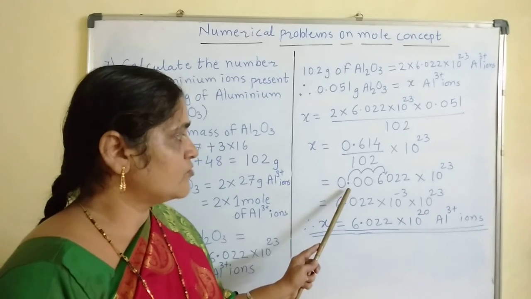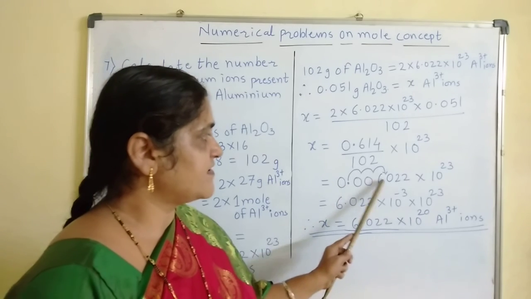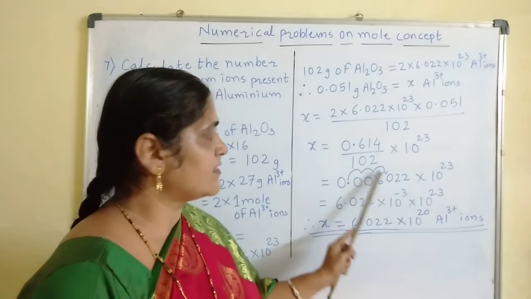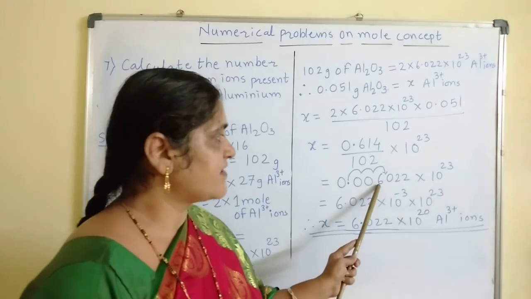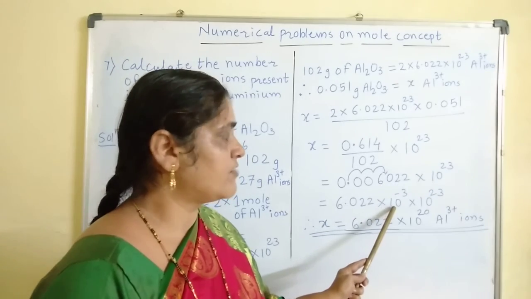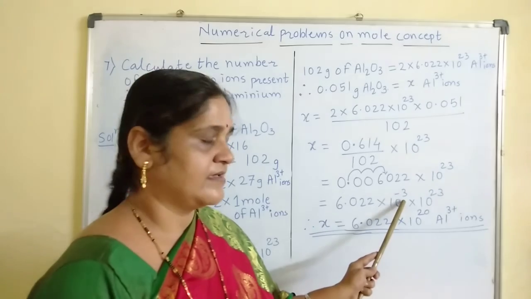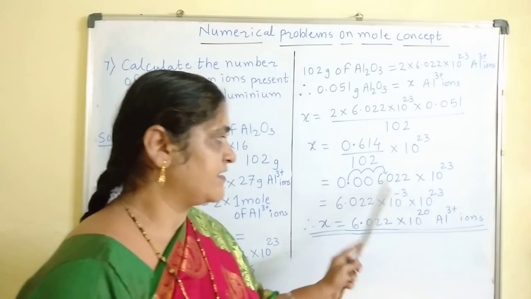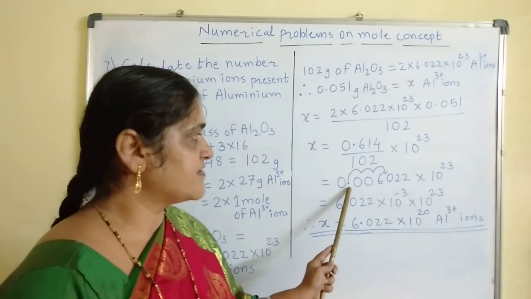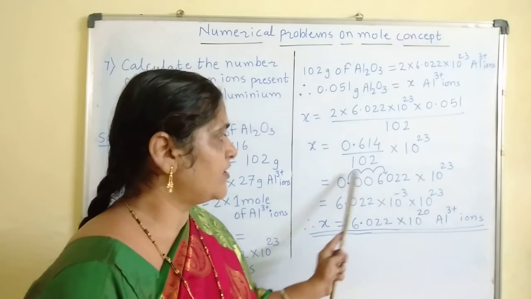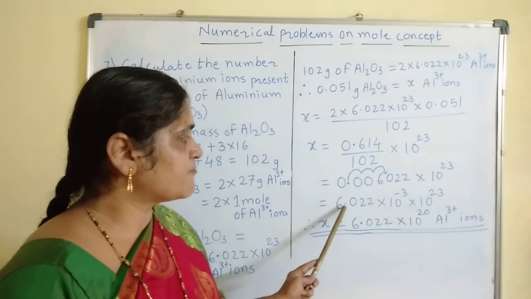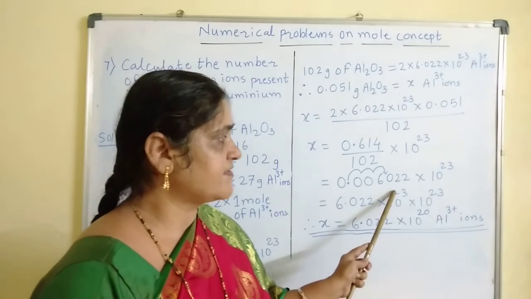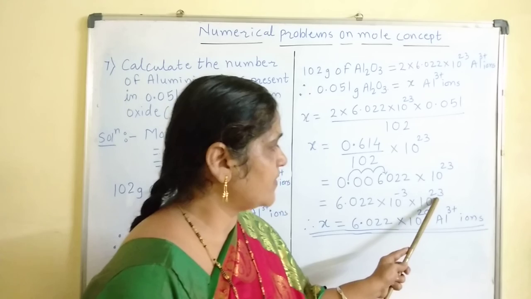Now I am going to shift this decimal point after 6. So I am moving 1, 2 and 3 places to the right hand side. When I move 3 places to the right hand side, I have to write 10 raised to minus 3, because I am moving the decimal point 3 places. So our answer now becomes 6.022 into 10 raised to minus 3 into 10 raised to 23.